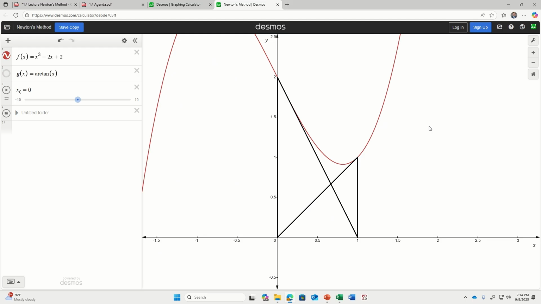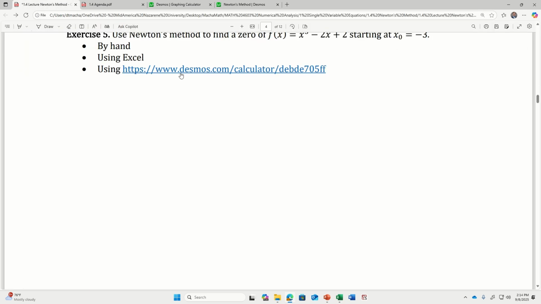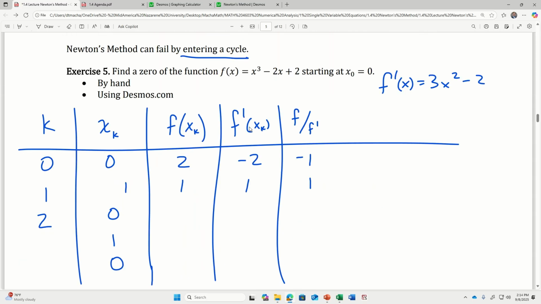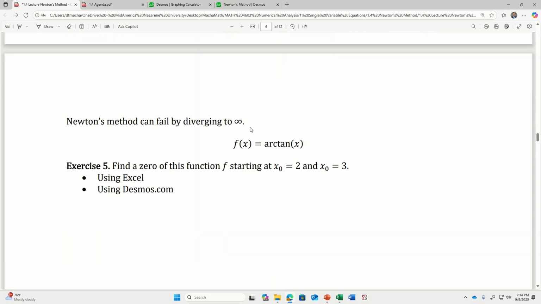You find the value of your function, you create a tangent line approximation, you follow the tangent line approximation down to here to find the 0. You go up to your function, you find the value, you find the tangent line approximation, you go back and find the 0, and then it just bounces back and forth forever. So you don't actually find a 0. We say Newton's method failed by choosing a bad starting iterate. Okay, so that's one way you should be aware of.